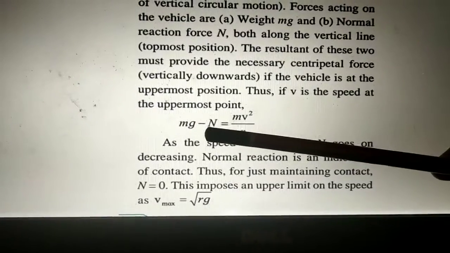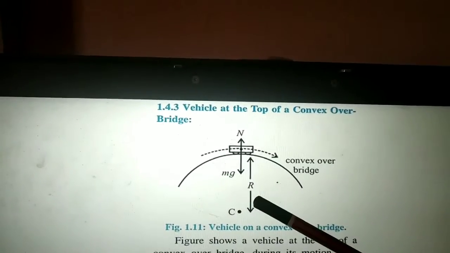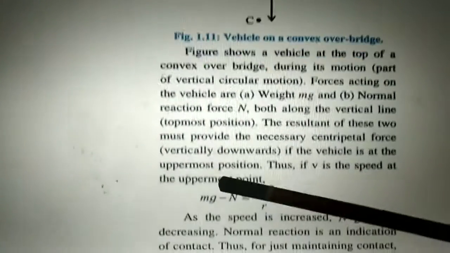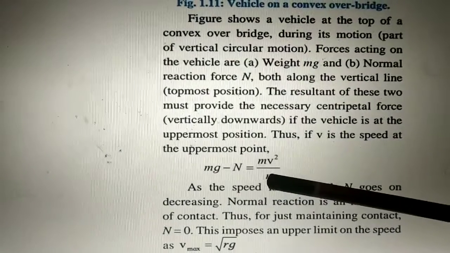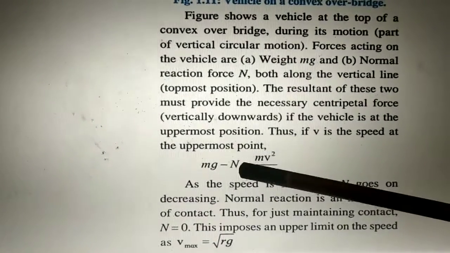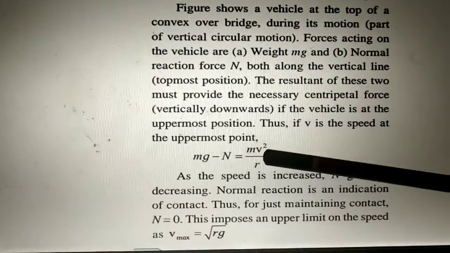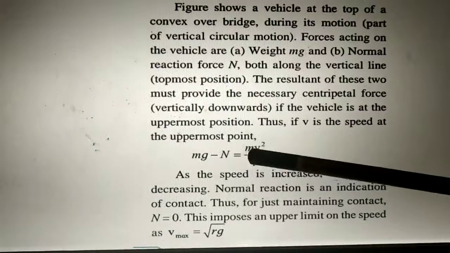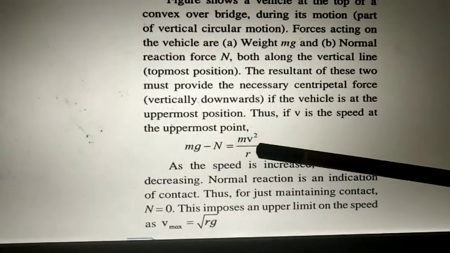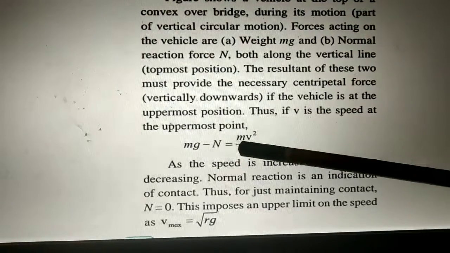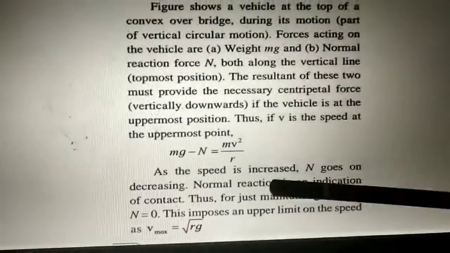Why have we written minus here? Because N is upward and mg is downward, they are in opposite directions, so you subtract. mg minus N is the resultant force, providing the necessary centripetal force, so we equate it to the centripetal force formula, mv square upon r.